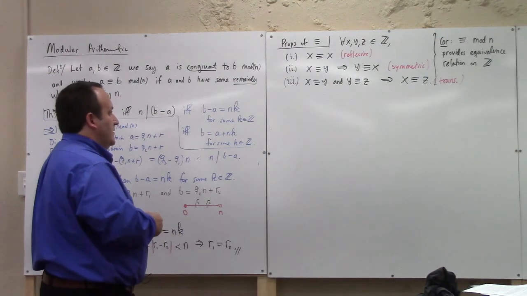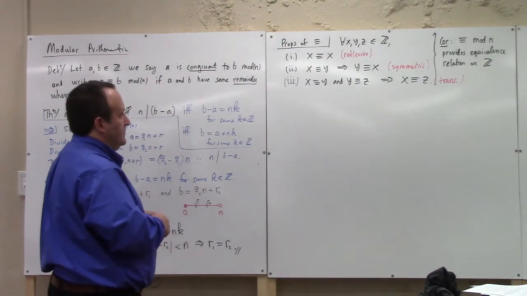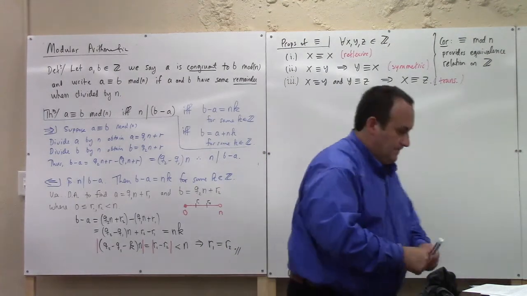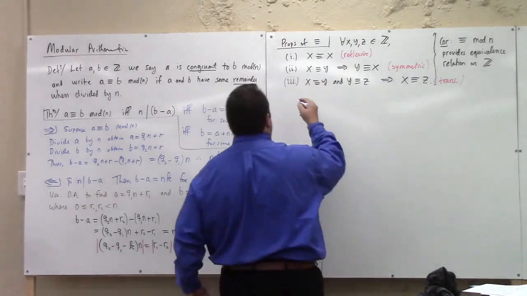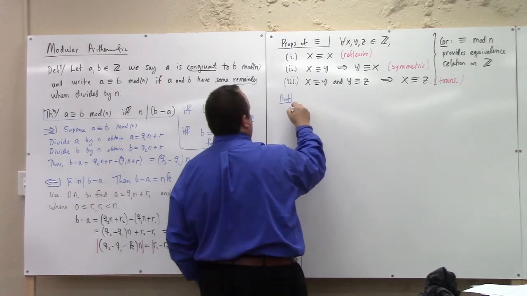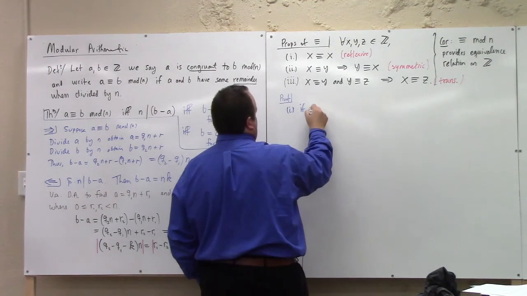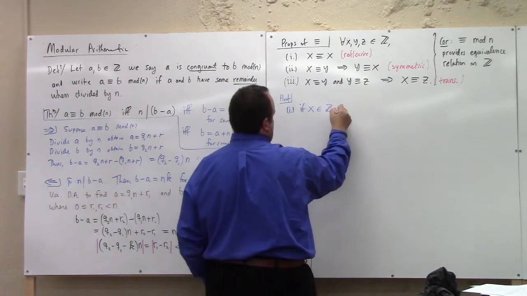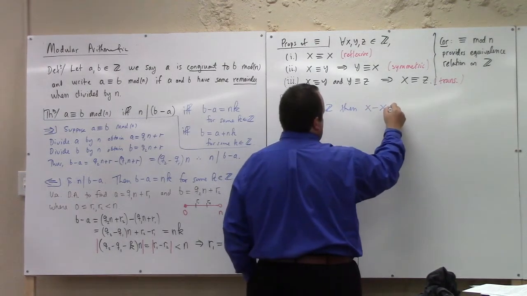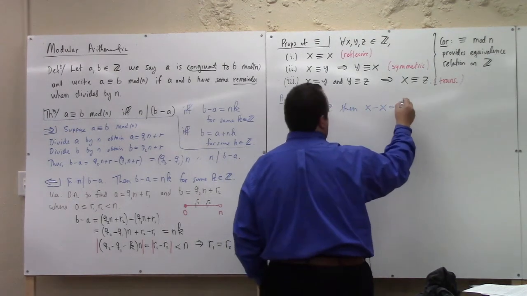So let's prove, like, I guess we can prove those. Shouldn't take long. 1, if x is an element of Z, then x minus x is equal to 0, right?